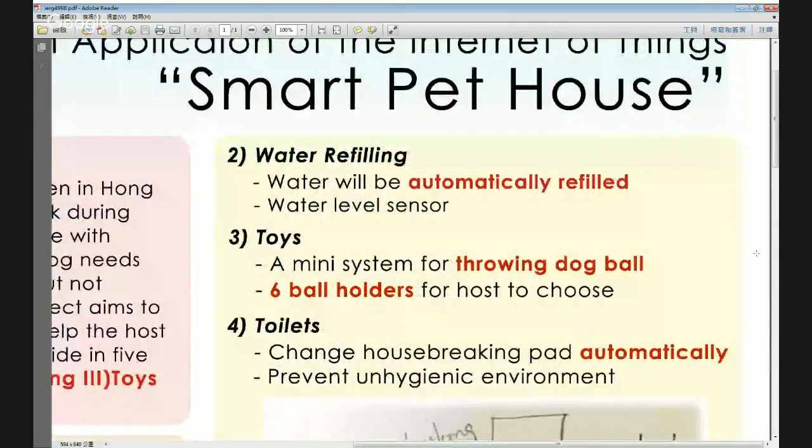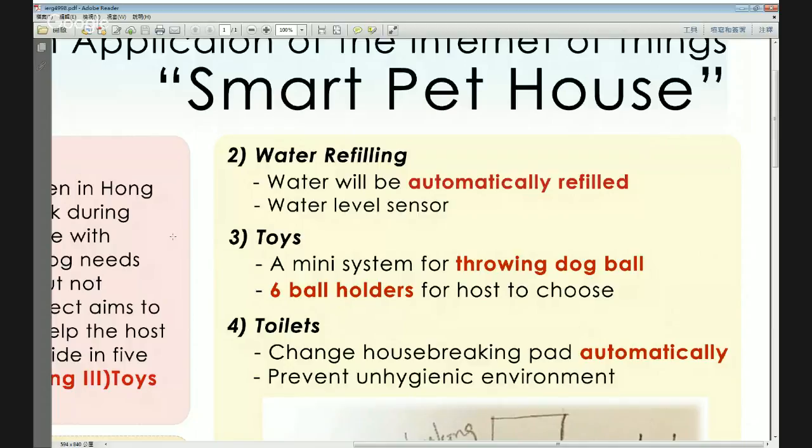Secondly, for the water refilling part, this is the water supply in the doghouse. The most important thing is that the water can be automatically refilled without any human control. In this project, we will install a water sensor in the water bowl.